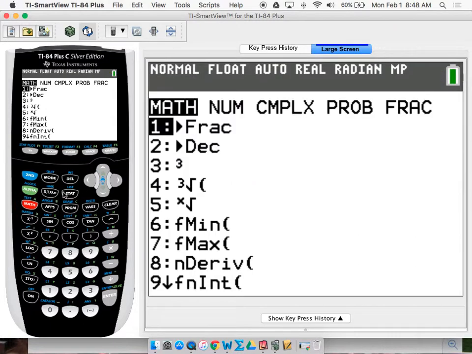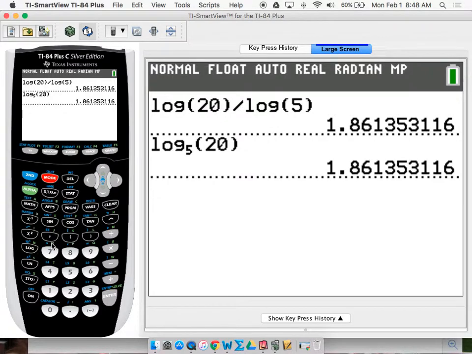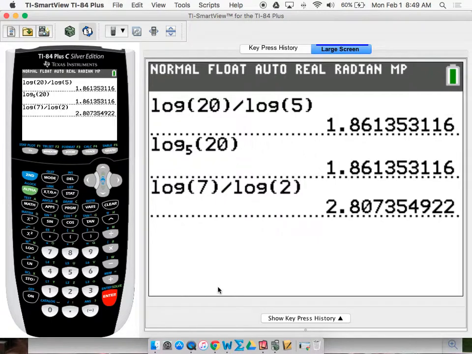So if you have the newer version, you just hit the math button and then log base, and type it in like you see it on your paper. But if you have the older one, you hit log of 7 divided by log of 2. All right, so you always want to do 3 decimal places, so 2.807 would be your answer.